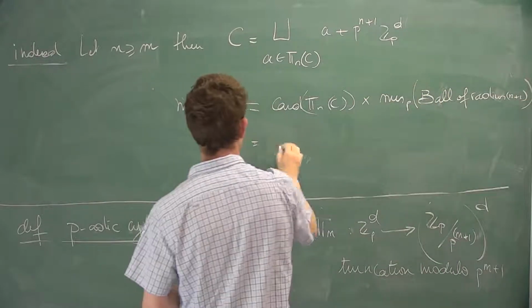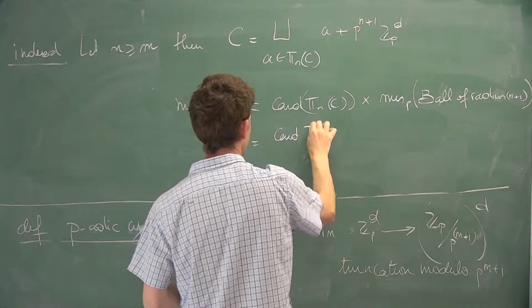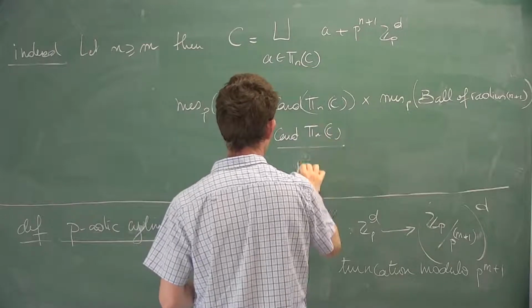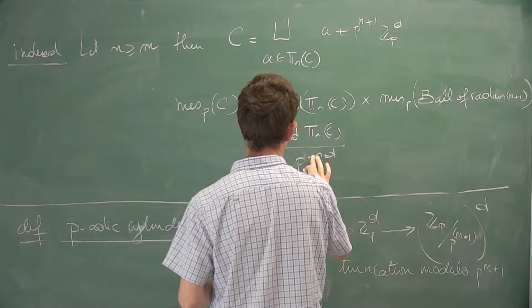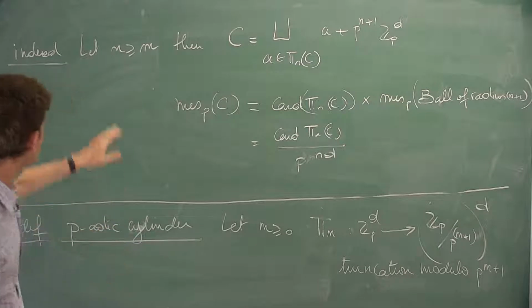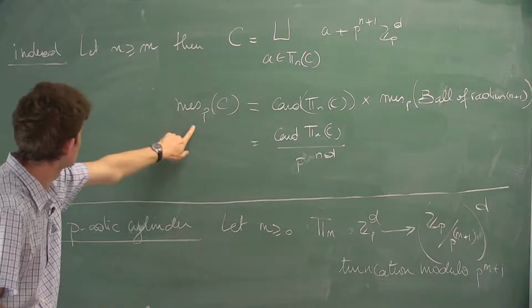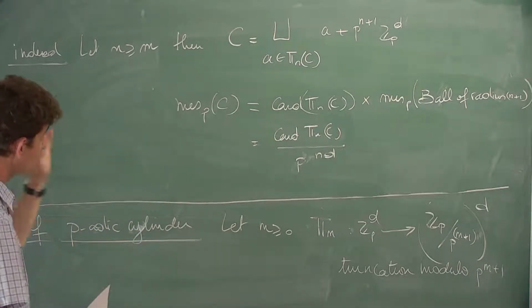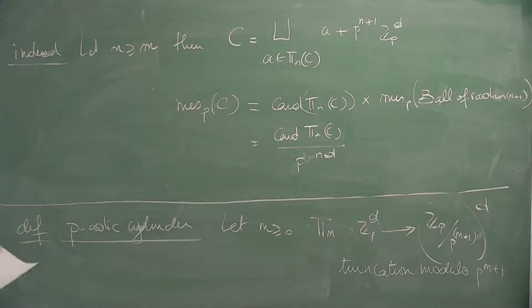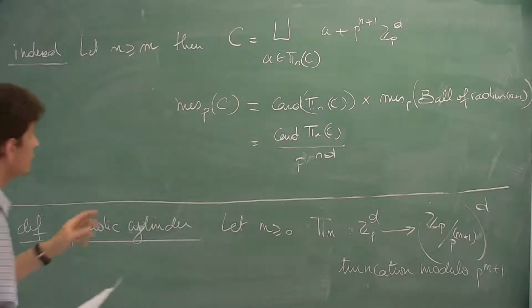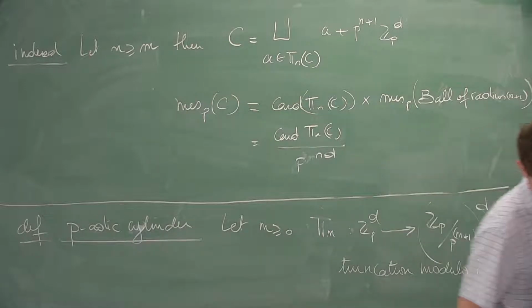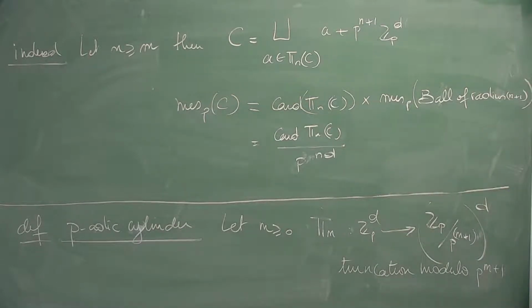So that means that this is the cardinal of pi_n C divided by p^{(n+1)d}. So everything is equal to the p-adic measure, and it's just a partition and the use of translation invariance. Okay.